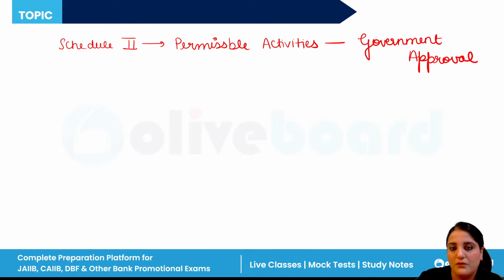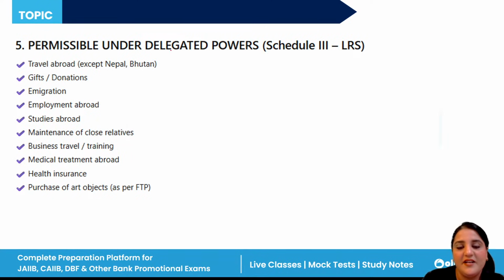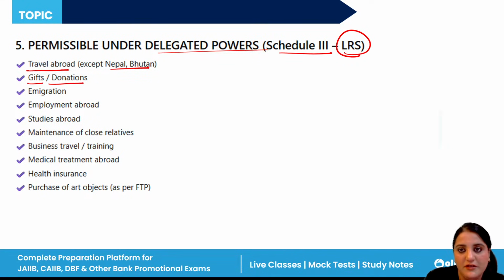Now, permissible under delegated powers. See, under Schedule 3rd of the LRS, if someone travels abroad, that is permissible except Nepal and Bhutan. If someone wants to gift or donate, allowed.